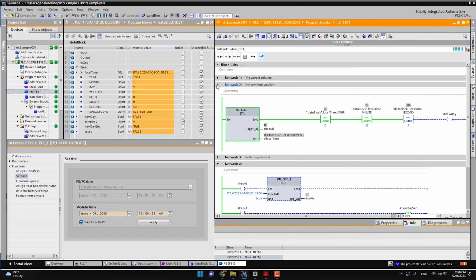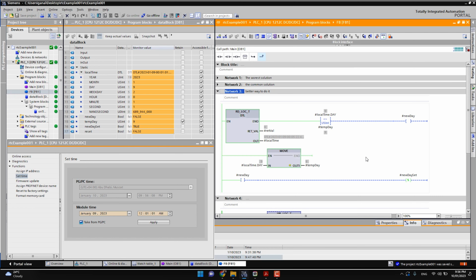A small improvement in this approach, the one I'm normally using, is rather than using the 0 clock, we'll use the calendar day. So basically, I'm just comparing the calendar day with a saved value of the day. As you see here, every cycle I'm just moving the current calendar day to temp day.